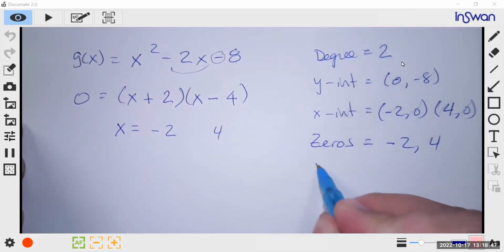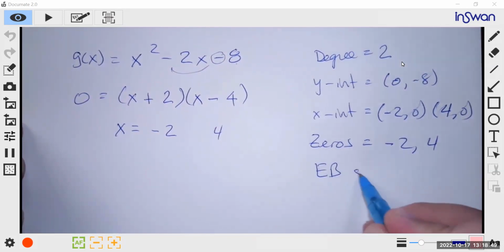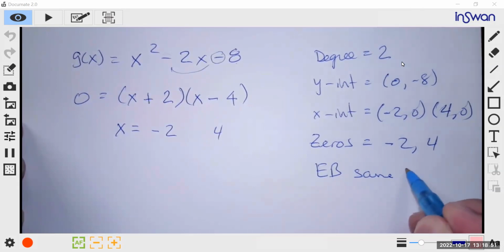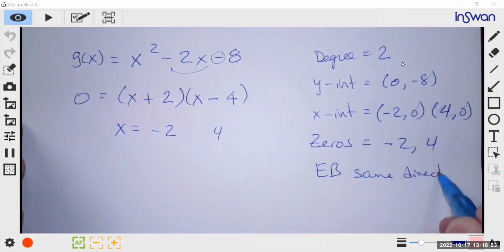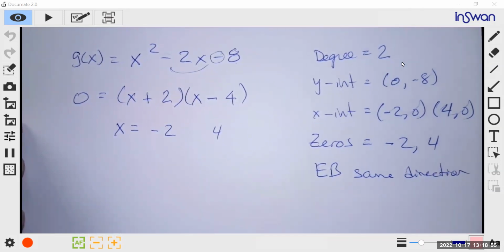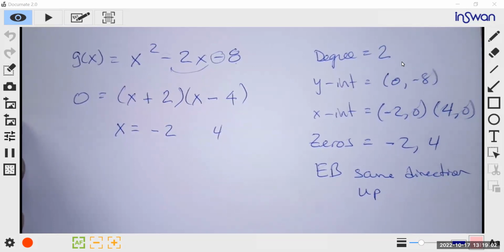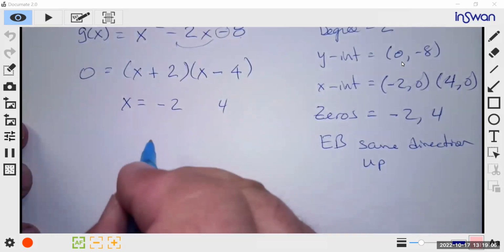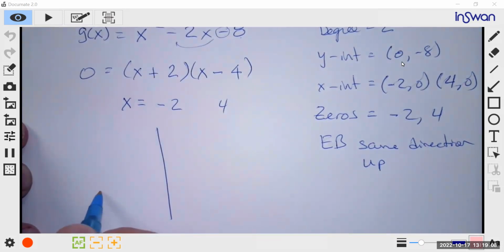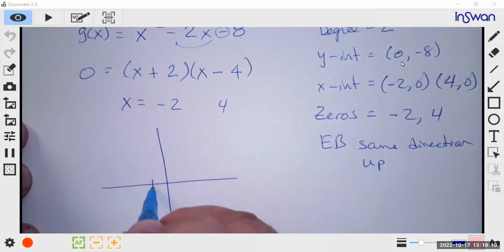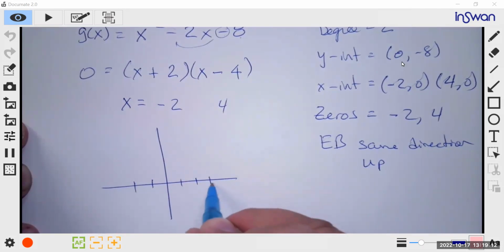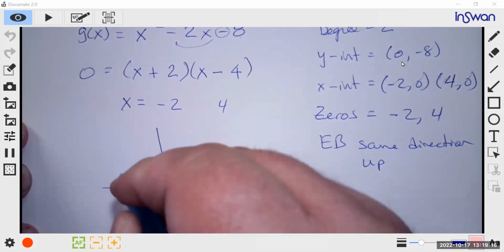Right. And end behavior, same direction. Which direction is that? Up or down? Why? Right. They both go up, so we know that.